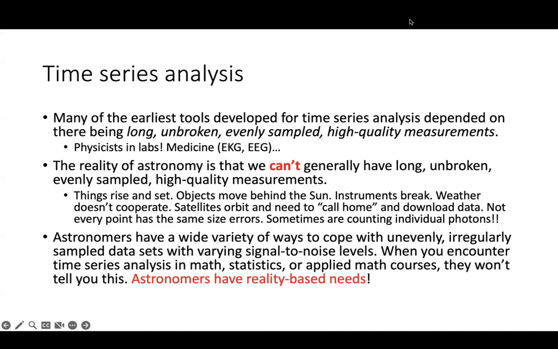And those tools were developed for people like physicists in labs or in medical physics, where you have those long, unbroken, evenly sampled data sets, like an EKG or an EEG, where you get to control how you take the data. So you can do that. But in astronomy, we don't usually have that. We don't usually have long, unbroken, evenly sampled measurements because things rise and set. Objects move behind the sun, instruments break, weather doesn't cooperate.